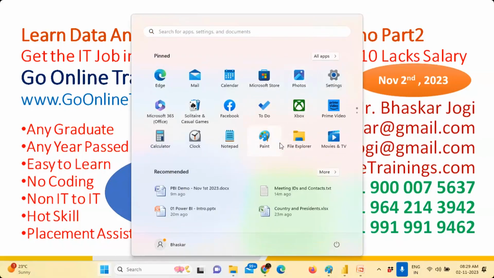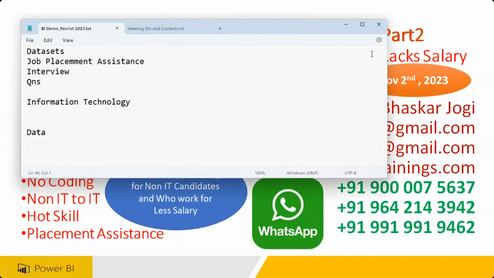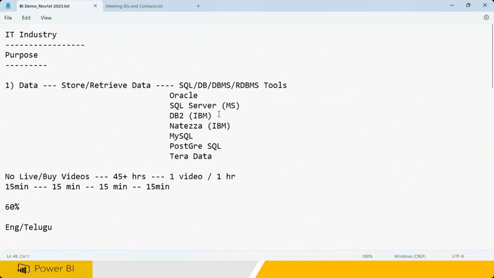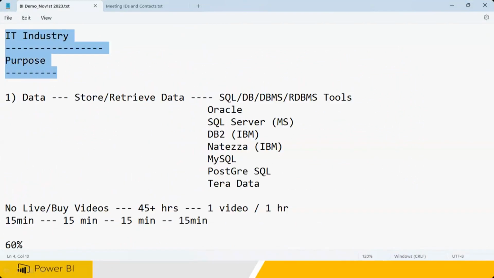Now let me talk about yesterday's class. Yesterday I spoke about what the IT industry is and what it is going to be doing.